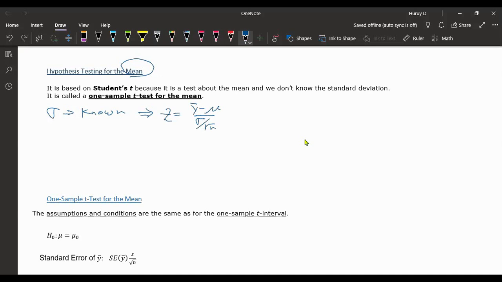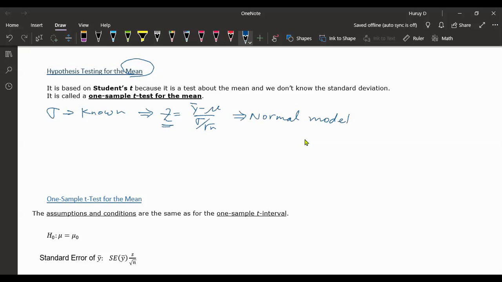We have this one. And obviously, since we are using z here, the distribution of this one is normal. Okay, we use the normal model.